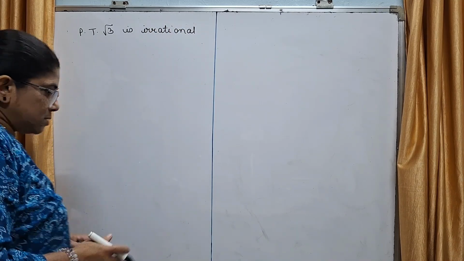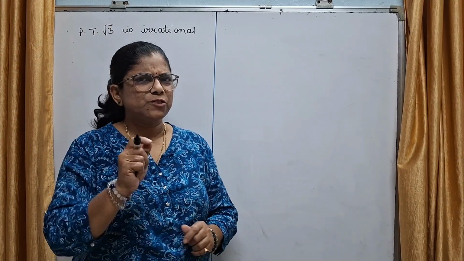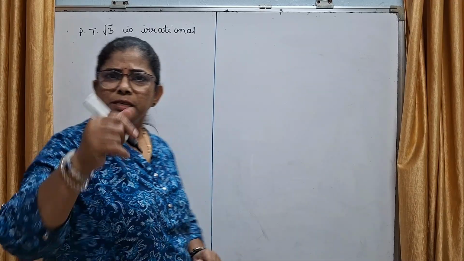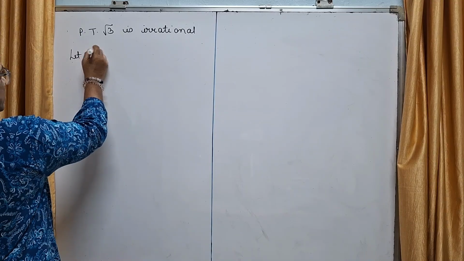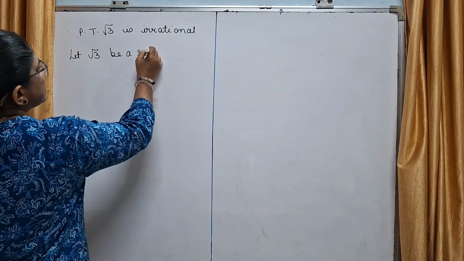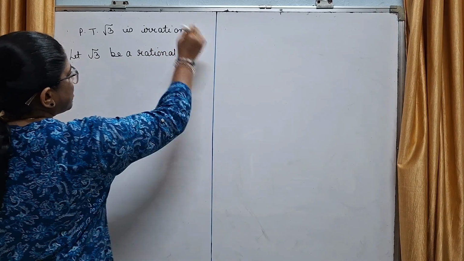We are going to use contradiction method to prove this. Contradiction method means first we will assume that root 3 is not irrational, means it is rational. So let root 3 be a rational number.